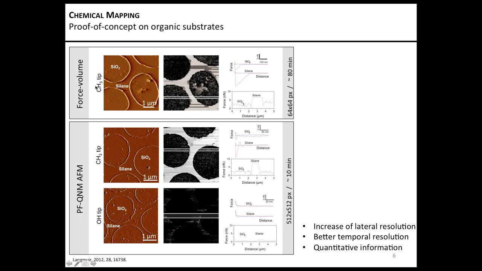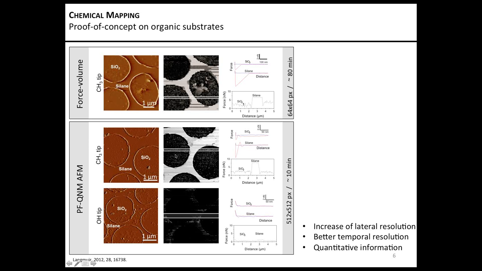We first use a hydrophobic tip in conventional force volume with a speed of 1 Hertz, and we acquire 64 by 64 maps. This kind of map takes around 1 hour to be recorded, and we can extract the parameter. So we found an adhesion force of 7 nanonewton on the silane and around 2 nanonewton on the silicon. We next do the same experiment with the PeakForce technology.